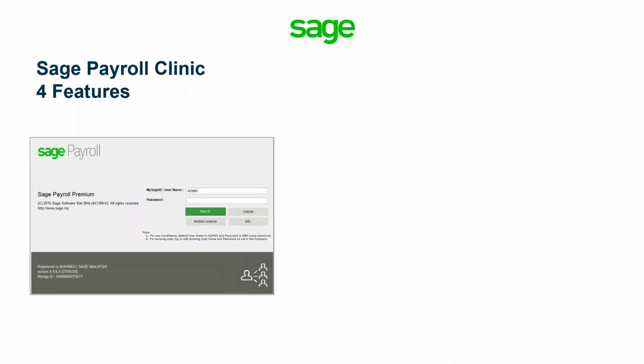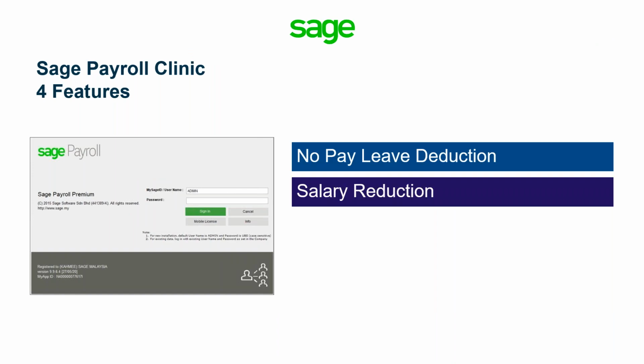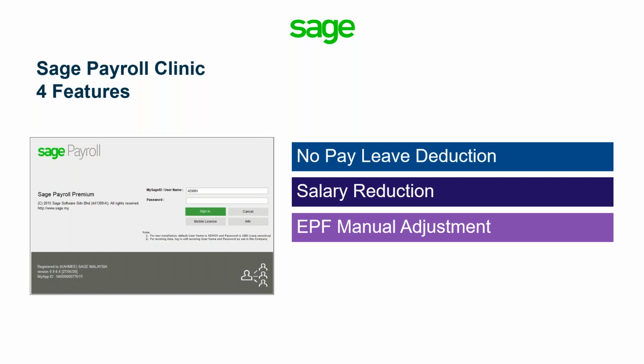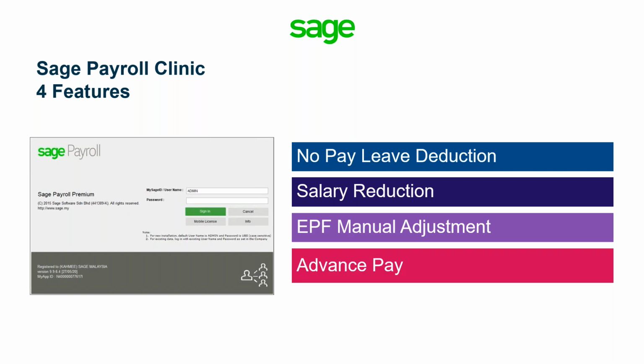The topics that we'll cover today are 4 features: no pay leave deduction, salary adjustment on the deduction, EPF manual adjustment, and advance pay. Why has this topic been selected? We know that during the MCO, a lot of businesses are struggling. So to survive, they have looked into cost-cutting measures, and some of these are what companies have started doing.